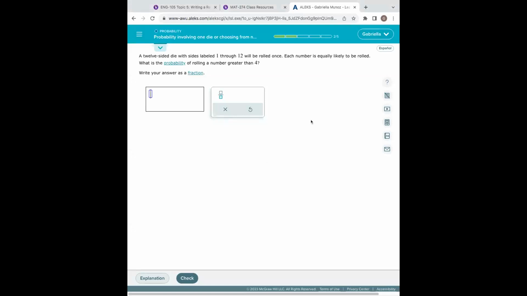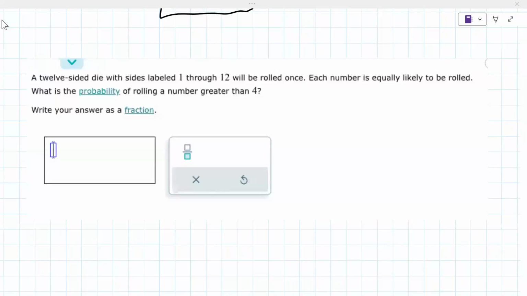All right, let me grab a snip of this. Share screen. Okay, a 12-sided die, sides labeled 1 through 12, will be rolled. Each number is equally likely to be rolled. What is the probability of rolling a number greater than 4? So if we write all the numbers greater than 4: 5, 6, 7, 8, 9, 10, 11, and 12.